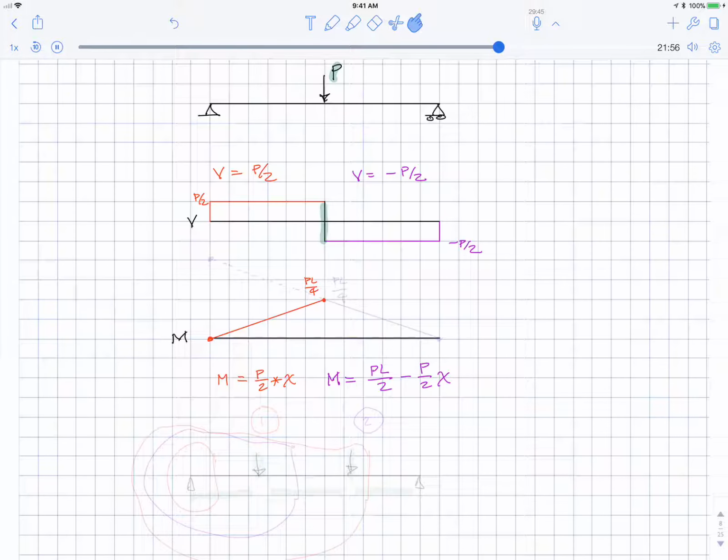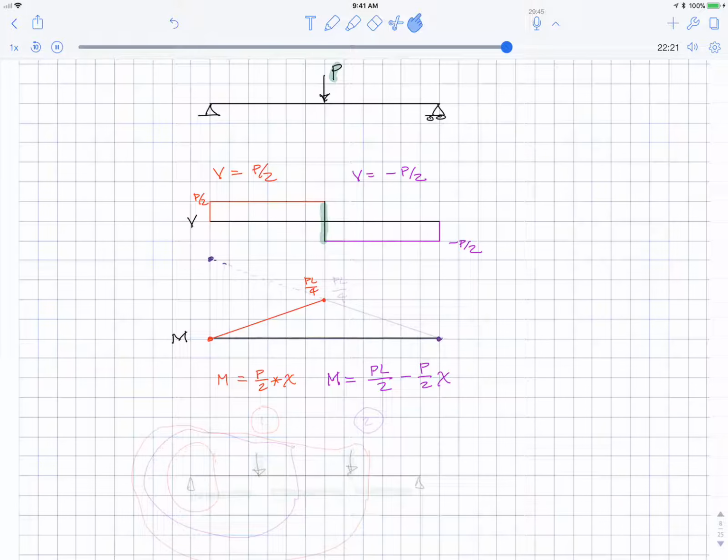Let's plot the purple equation now. When x is 0, M is PL over 2, which is up here. And when x equals L, we'll have PL over 2 minus PL over 2. It'll be 0 out here. Now, the purple equation is only valid to the right of the point load.